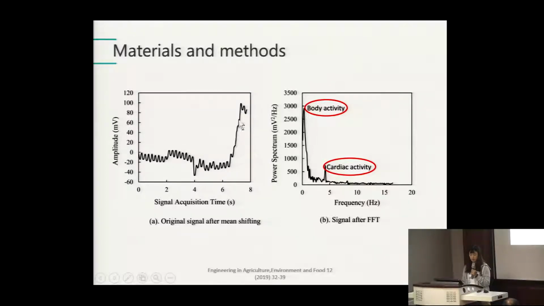The big fluctuation means the body movement. And the right picture shows two frequency components, where the lower frequency means body activity. The higher frequency means cardiac activity.